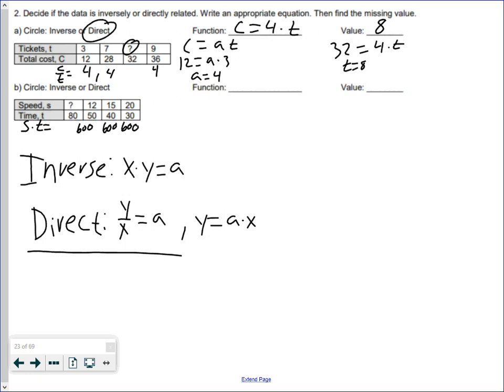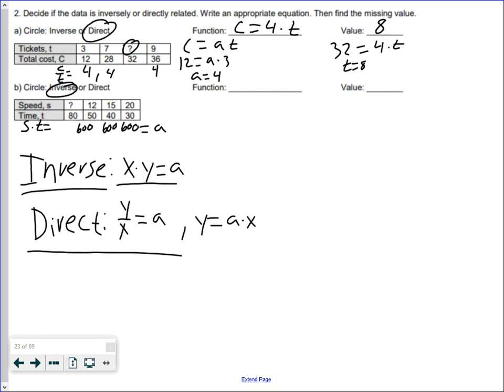So we can see that every time we multiply our variables together, we're getting the same term of 600. And that's actually going to be our a in this problem. And since we're getting the same term every time we multiply, we can see that's going to be inversely related. Every time we multiply the two pairings together, we get the same a term. So that means 2b has to be inversely related.